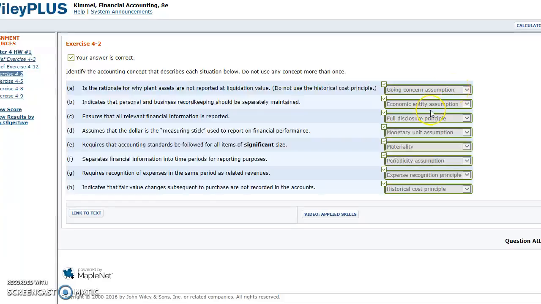We learned when to use going concern, for example, when the asset is reported, and also remember the full disclosure principle when the relevant financial information is reported, and also when they talk about the time period when we enter financial information during a certain period of time, and what we use for that.